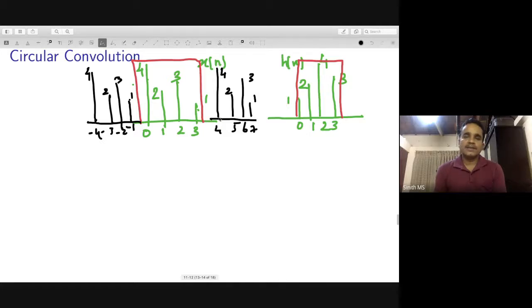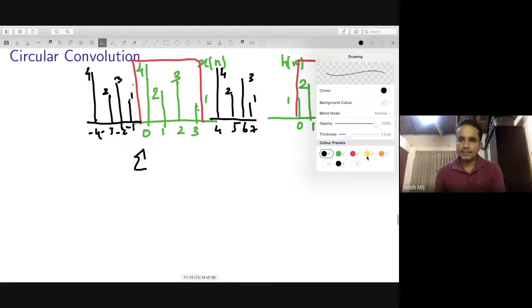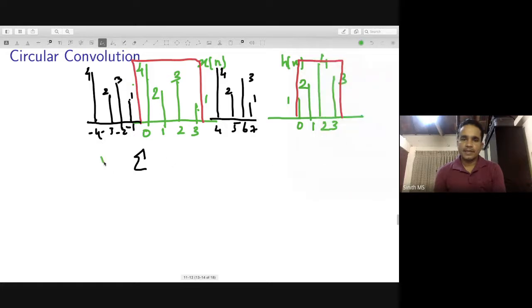So the normal sigma, y[n] equal to sigma x[k] h[n minus k]. You're basically doing time reversal, then you are multiplying with the signal x[n] after shifting with whatever the value of n is.